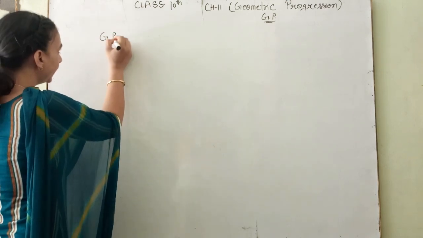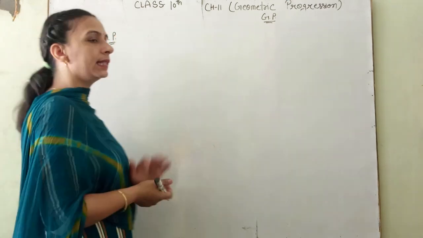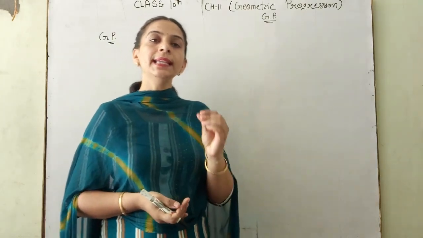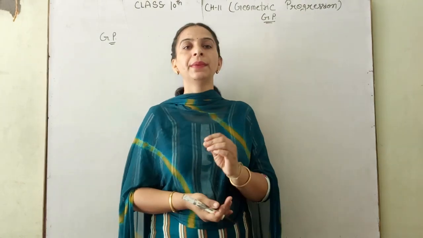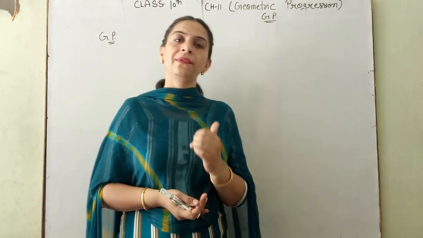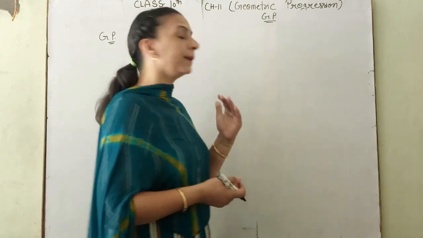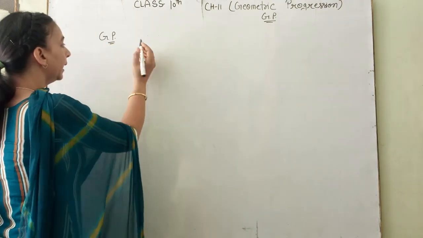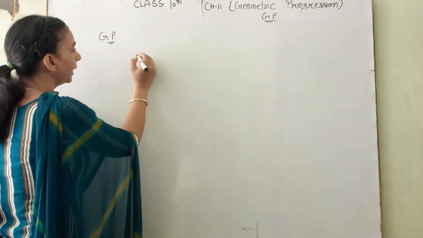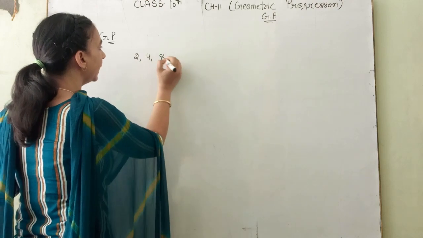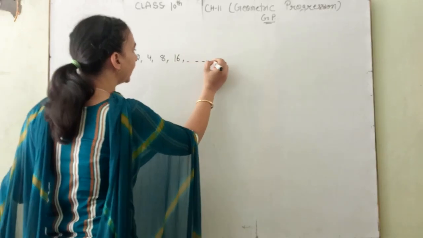What is GP? GP is a sequence or series in which we can obtain each term by multiplying or dividing its preceding term by a fixed number, and this fixed number is the common ratio. For example, if the first term is 2, the next term is 4, then 8, then 16, and so on.